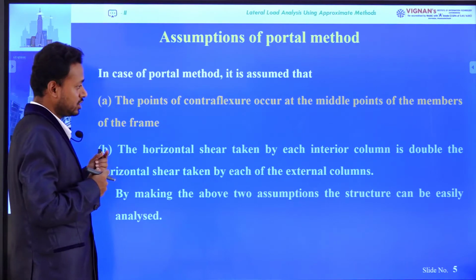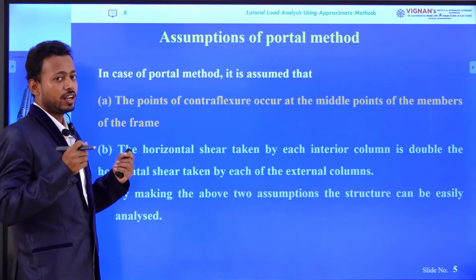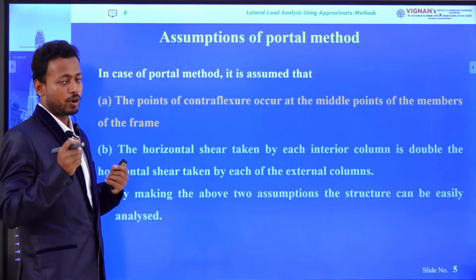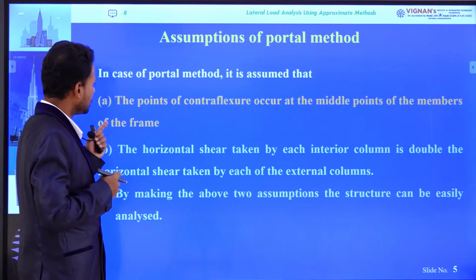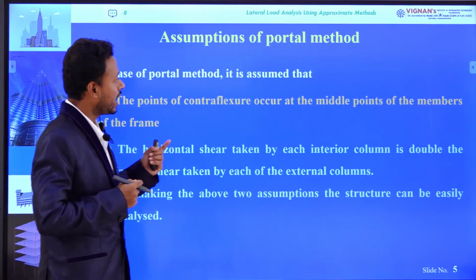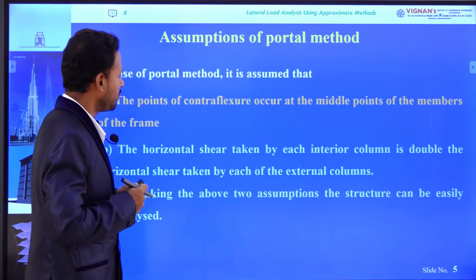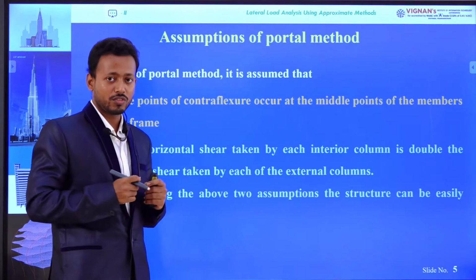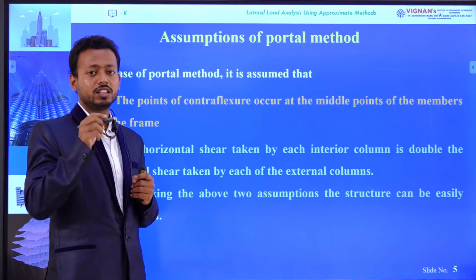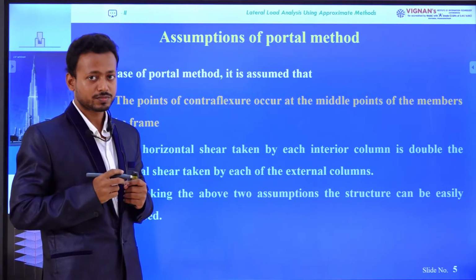Based on these assumptions, we can analyze a frame by the portal method. The assumptions are as follows. The points of contraflexure are at the middle points of the members of the frame. The point of contraflexure will occur at the midpoint of any member.